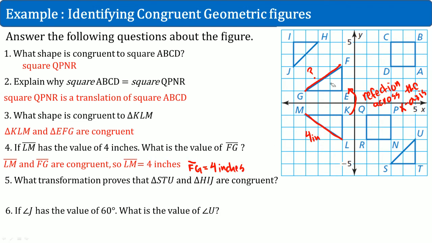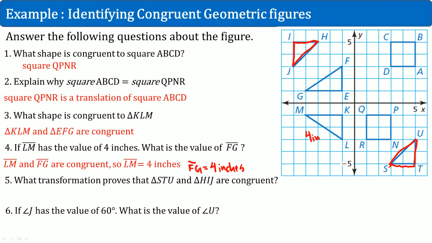Next, what transformation proves that triangle STU, which is right here, is congruent to triangle HIJ? How are these two triangles congruent?